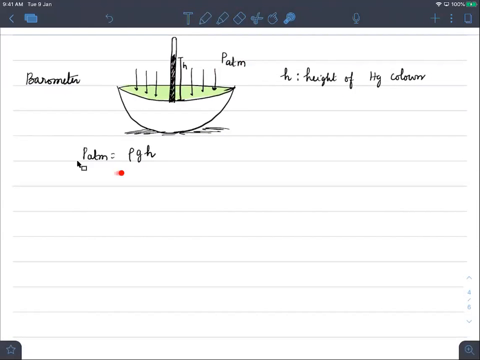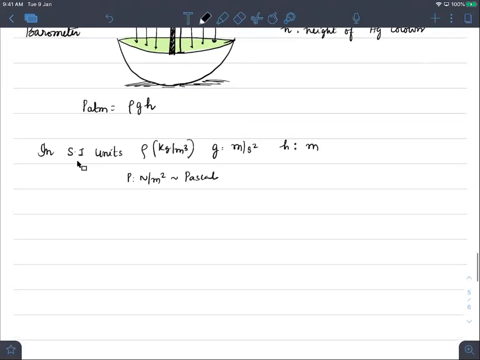Now this pressure which you calculate in SI units, you can see that usually we take rho as kg per meter cube, G as meter per second square. Next, H we take it as meters. So if you put all of them, we will get pressure as Newton per meter square, which we call as Pascal.